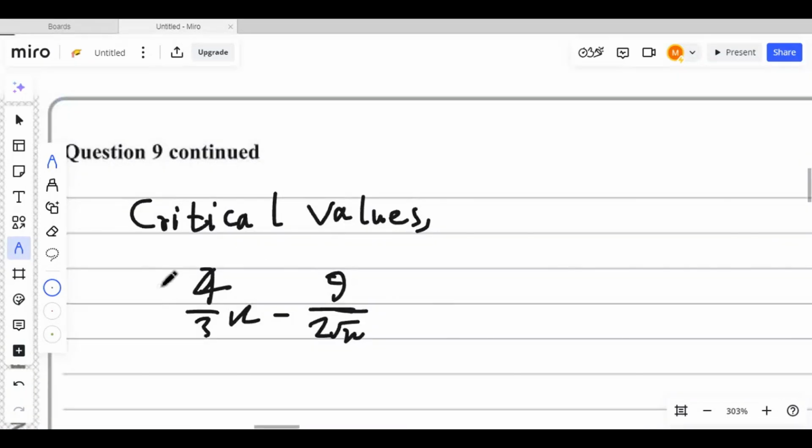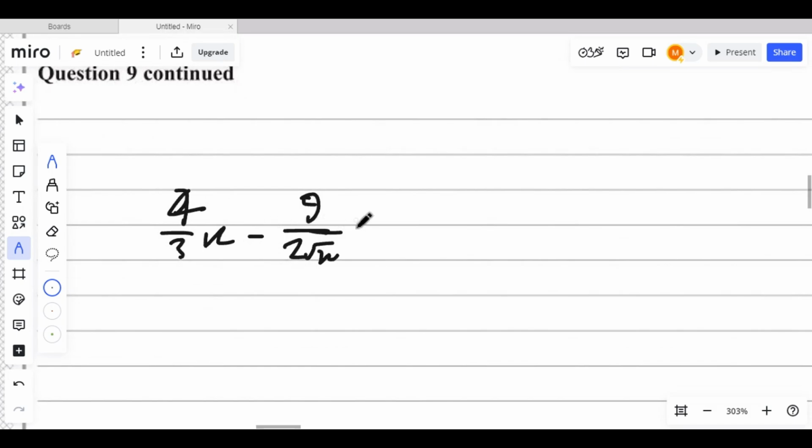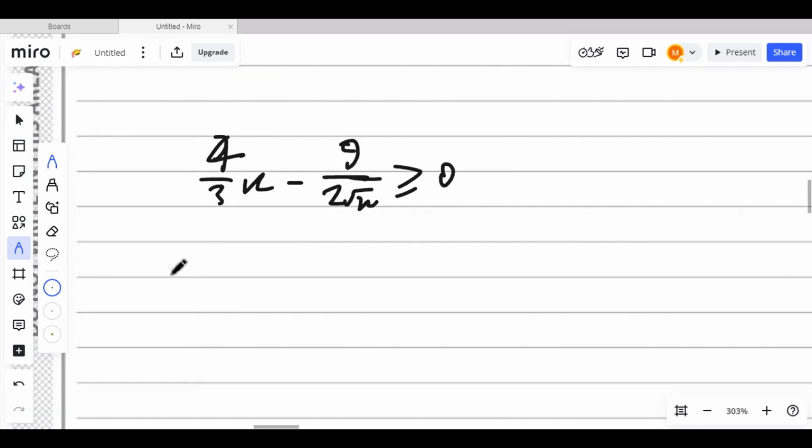You can directly keep working. You would consider critical values if it was a quadratic equation. So let's ignore. Greater than or equal to 0.